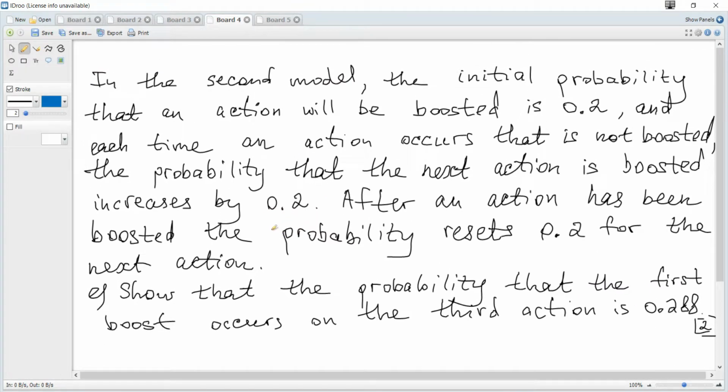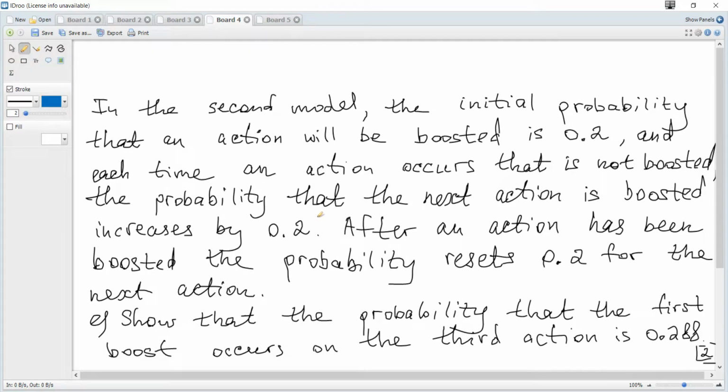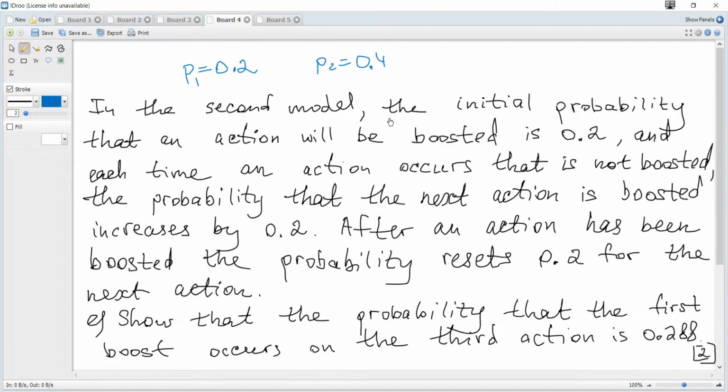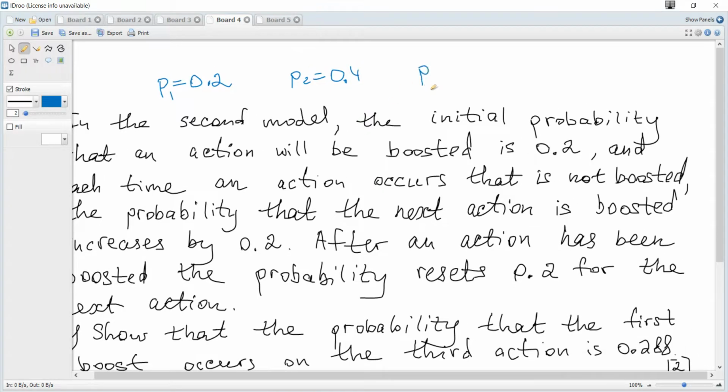So the probability that the first boost occurs on the first trial or the first action is what? Is 0.2. And if no boost on the first trial, probability that it occurs on the second trial, it's plus 0.2, it's 0.4. And provided that no boost on the first and no boost on the second, probability that it occurs on the third, it's what? 0.6.